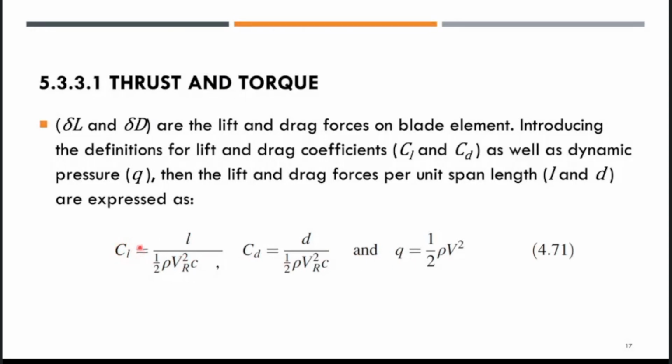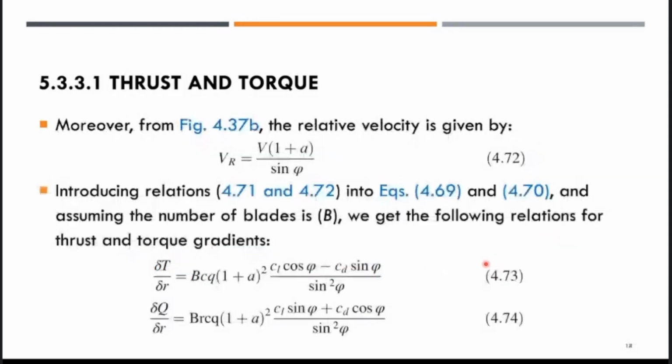The coefficient of lift, CL, equals this term. The coefficient of drag is denoted by this term. And the dynamic pressure is half rho V squared. Okay, this is going to be your equation 4.71, right?